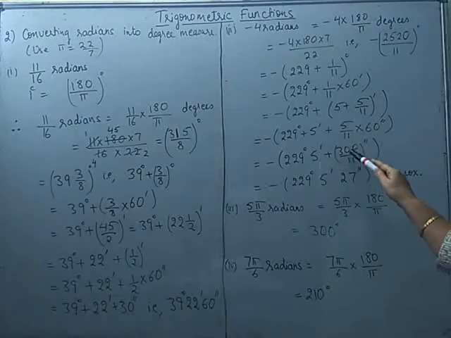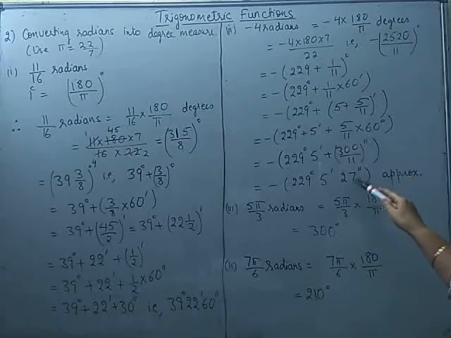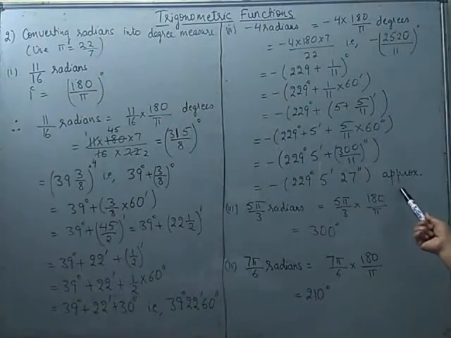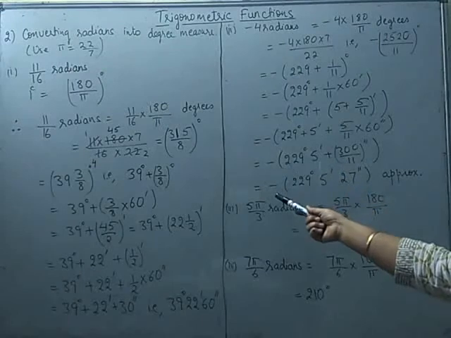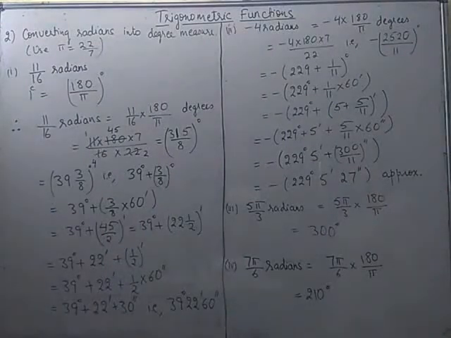You can see 11 into 2 is 22, then remainder is 8, and then we get 80. So 11 into 7 is 77. Still the remainder 3 is left. So it is neither 27 seconds completely nor even 28. So in approximation, we can write it. So our angle is now minus 229 degrees, 5 minutes, 27 seconds approximately.